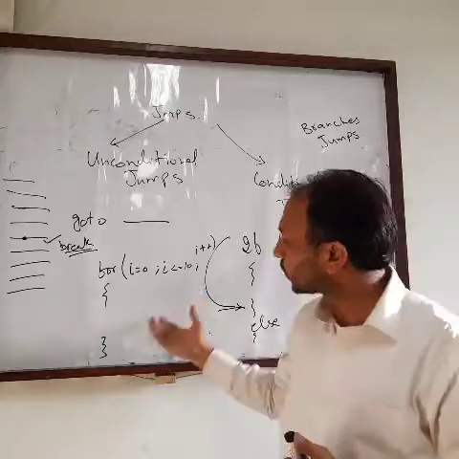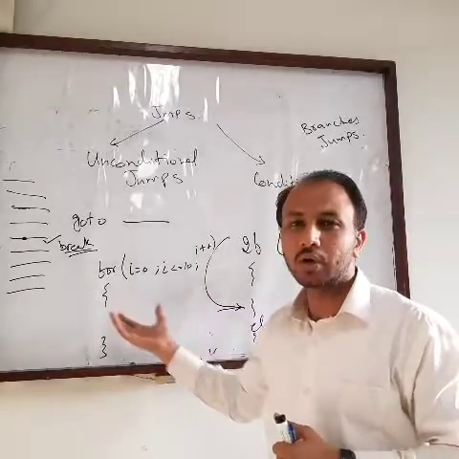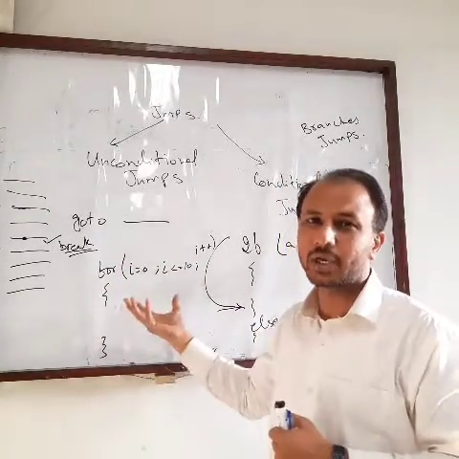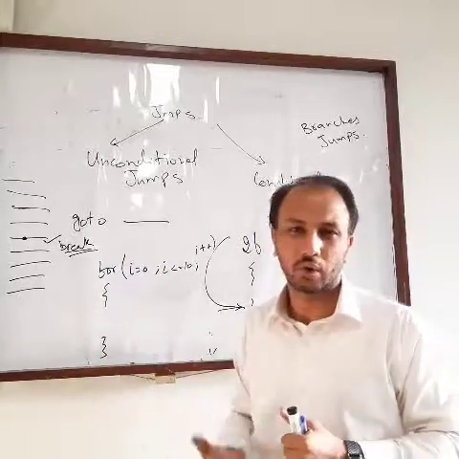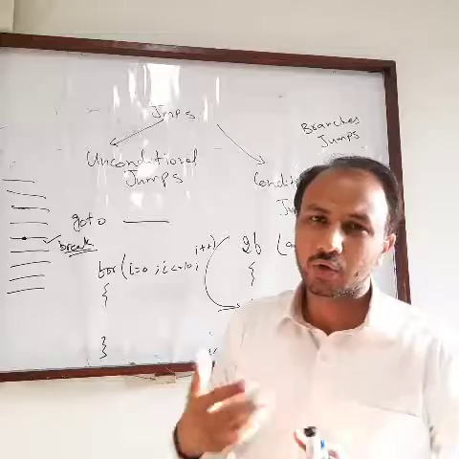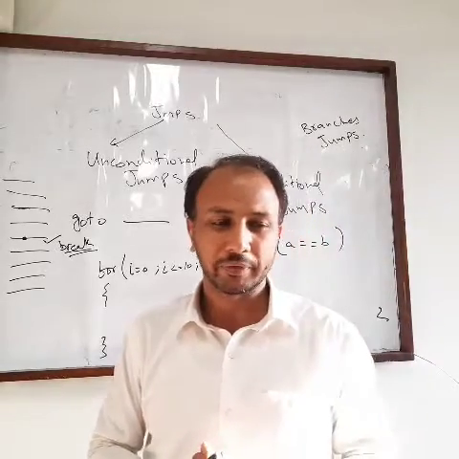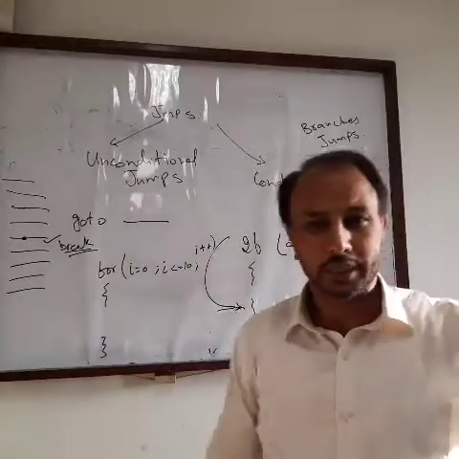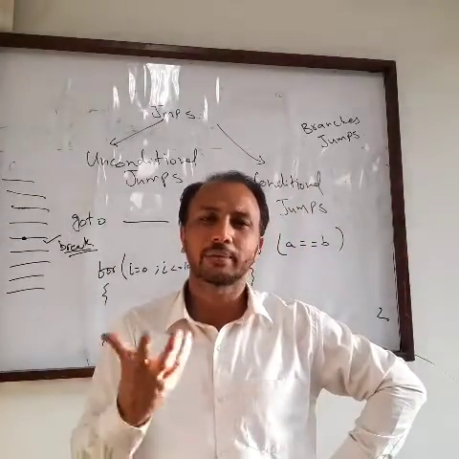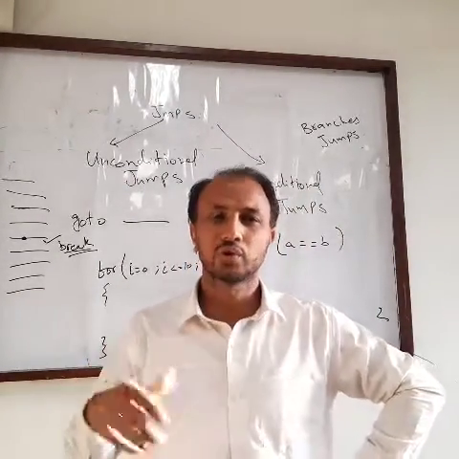Particularly in loops, when we want to repeat a process multiple times, we need a conditional jump so we can come back to our code where we want to repeat it. So these are very important. But to execute these instructions, we should have some hardware behind it, which should be possible.